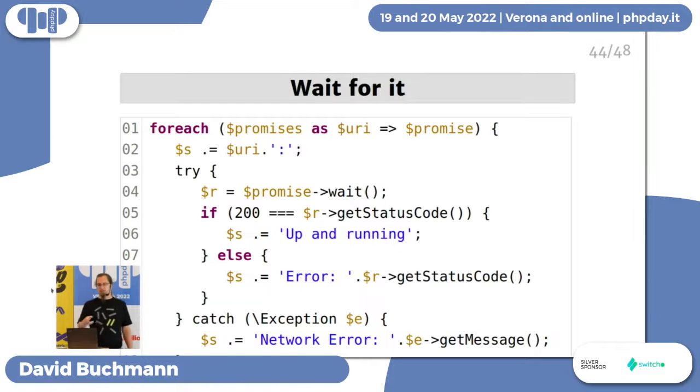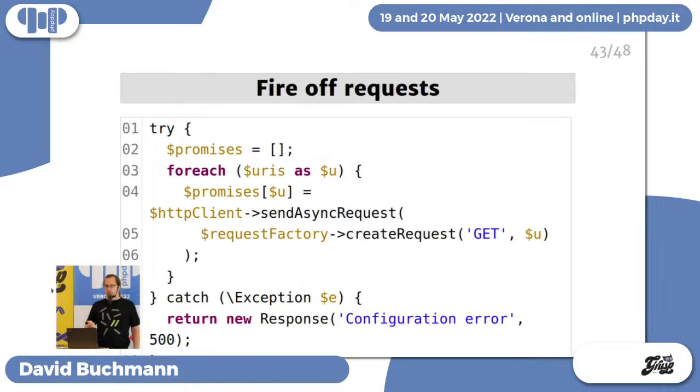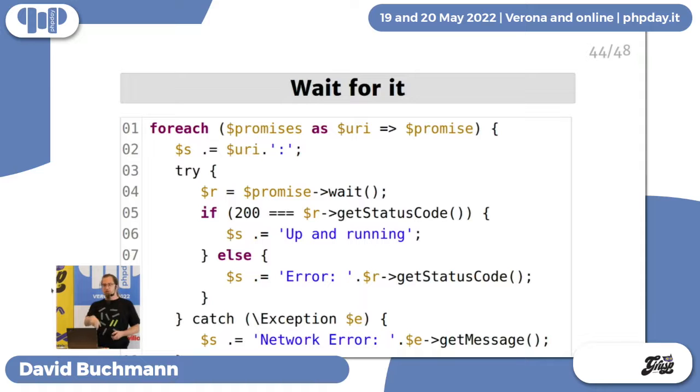And here I'm simply building a string that shows for each of these requests if it got a 200 response or not. And when you look at it, I'm just looping over this, doing the request, and then looping over the other and waiting for the responses.